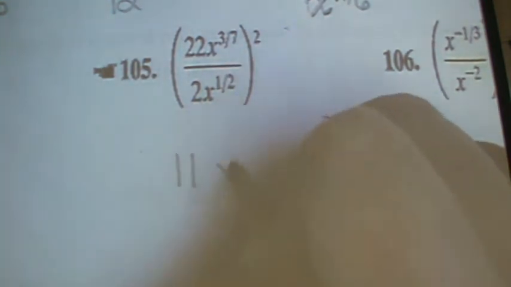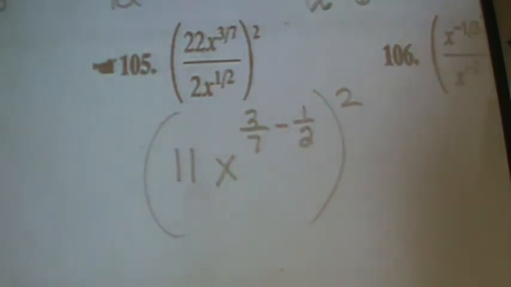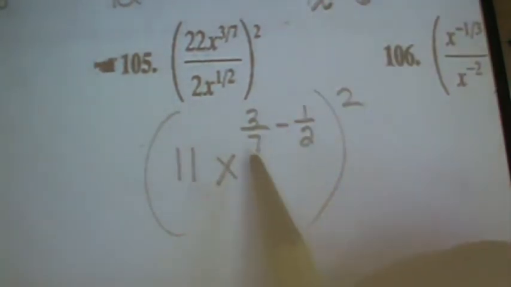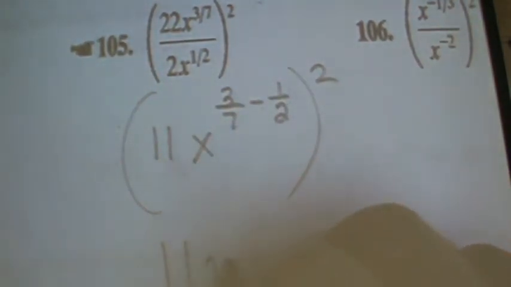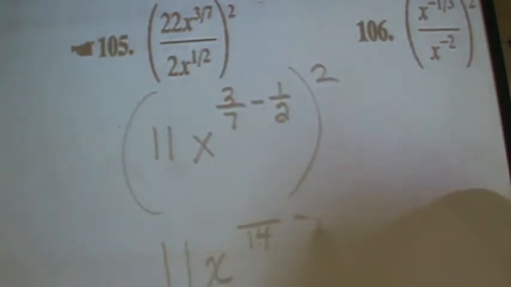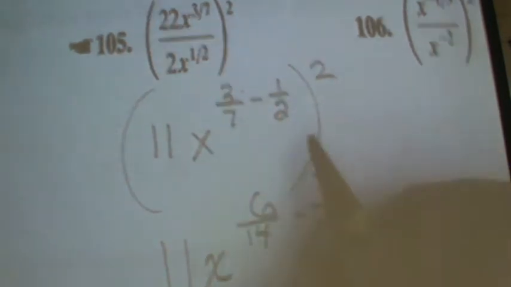And I would subtract these 2 exponents. So you've got x 3/7 minus 1/2. And then don't forget, you're going to have to square this. So you're getting a common denominator here, which is 14. So this is x to the negative 1/14. And now let's bring this in the bottom.